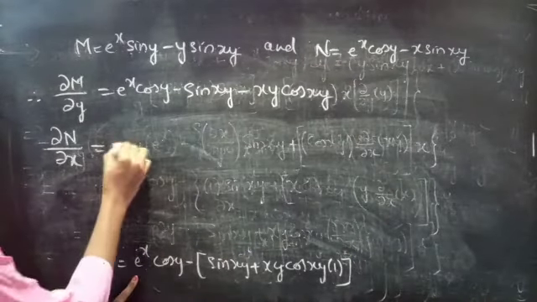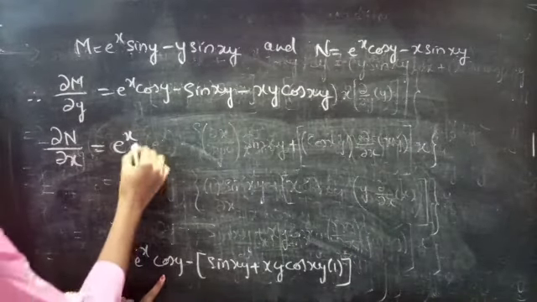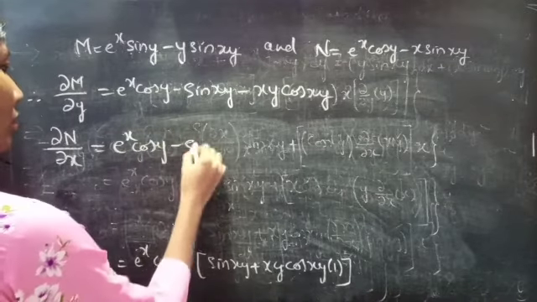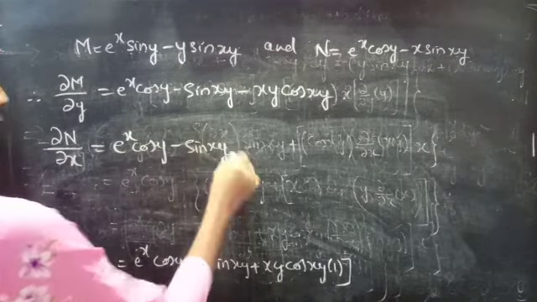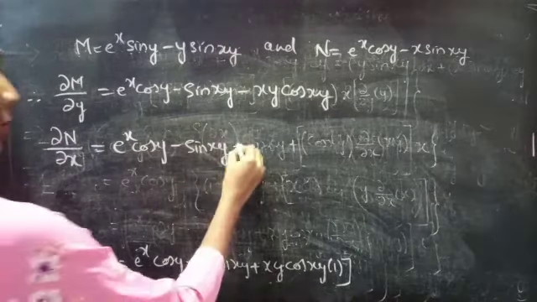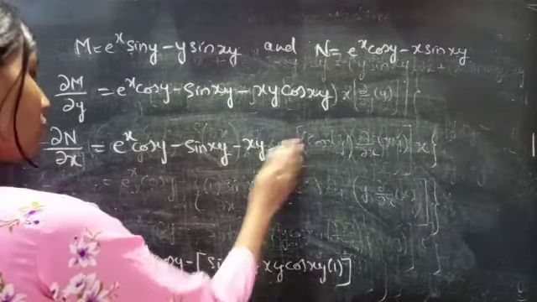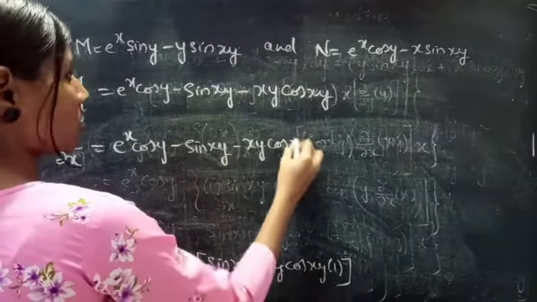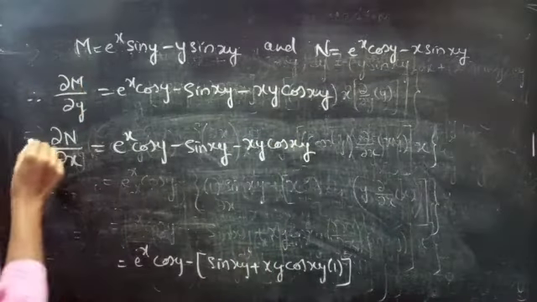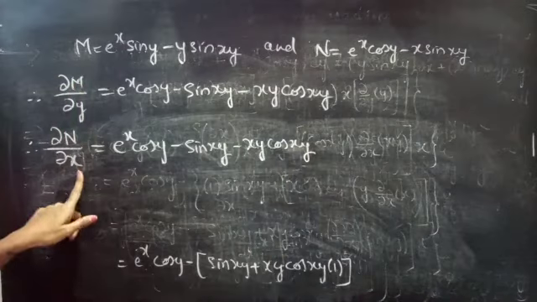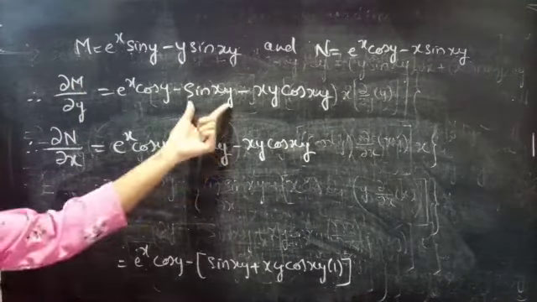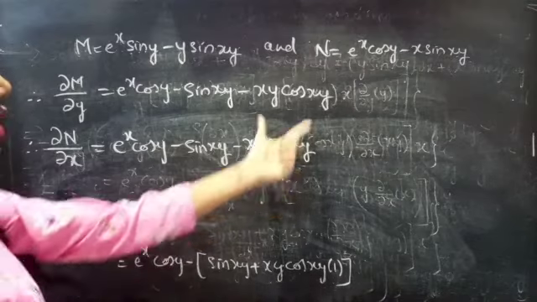This is equal to e^x cos y minus sin xy minus xy cos xy. Therefore ∂N/∂x equals e^x cos y minus sin xy minus xy cos xy.